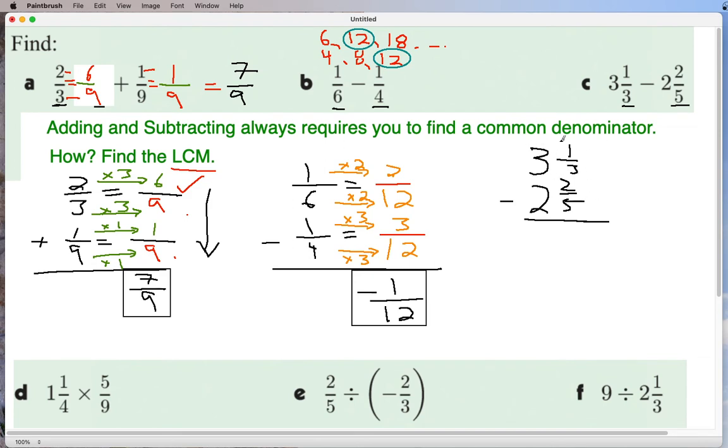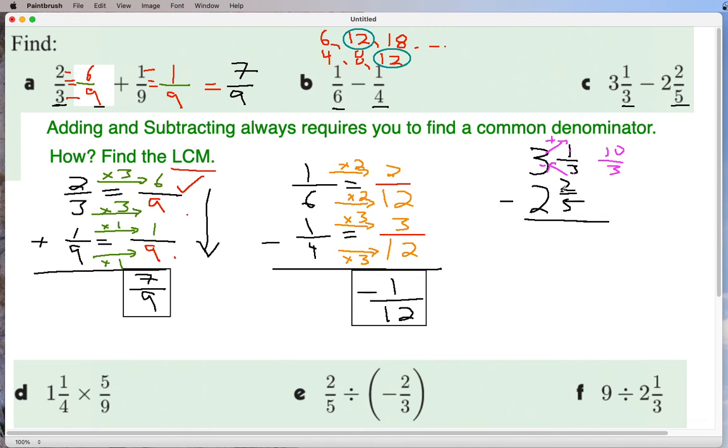So to change these two mixed numbers into improper fractions, remember we're going to take the denominator, multiply it against the whole number. So 3 times 3 is 9. And then when we go up here, we're going to add it to the numerator. So 3 times 3 is 9, plus 1 is 10 over 3.